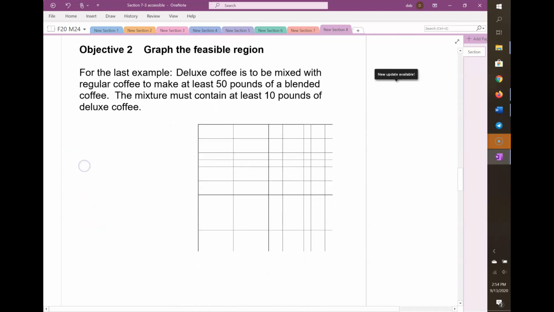Okay, next step in solving these problems is to graph the feasible region. So for the last example, we said deluxe coffee is going to be mixed with regular coffee to make at least 50 pounds of a blended coffee. So we had X was pounds of the deluxe coffee, and Y was pounds of the regular coffee.